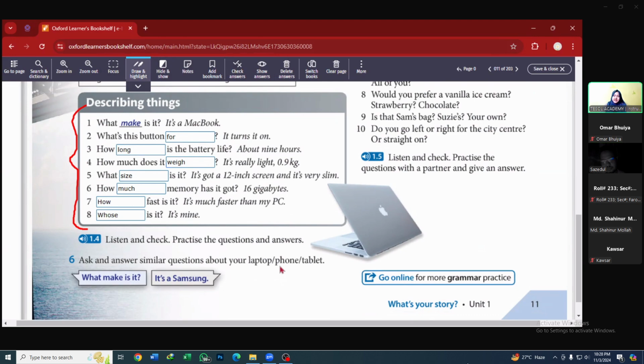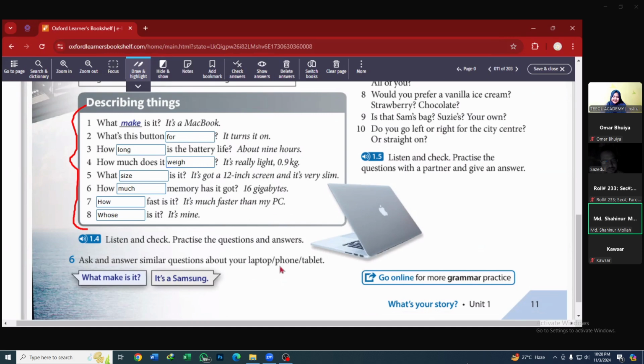Okay. Mr. Shahinur, how long is the battery life? 7 to 8 years. Okay. How much does it weigh? Around 120 grams. Okay. Question number 5. What size is it? 6.5 inch. Great.